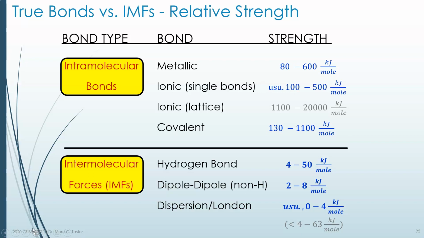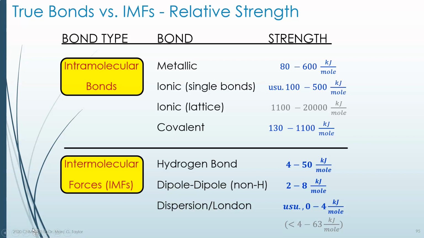So 4 to 50 for hydrogen bonds, 2 to 8 for the other kinds of dipole-dipole. Remember, hydrogen bonds are the best type of dipole-dipole. And then London dispersions can be anywhere from 0 to 4. They're very tiny. Some people have found something possibly up to 63, but that's not really well established.